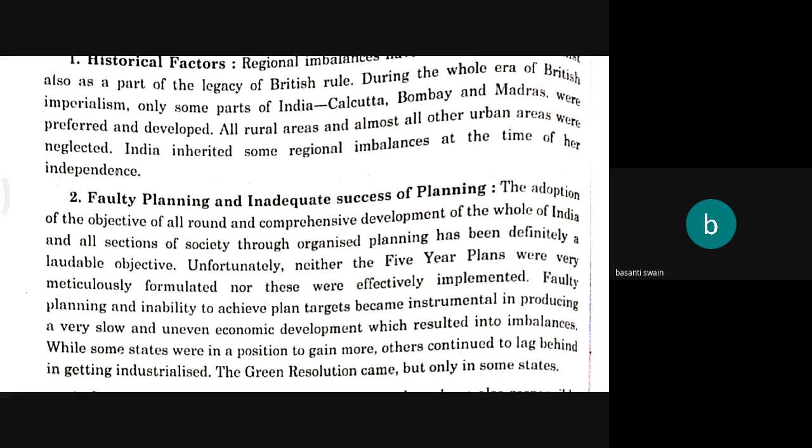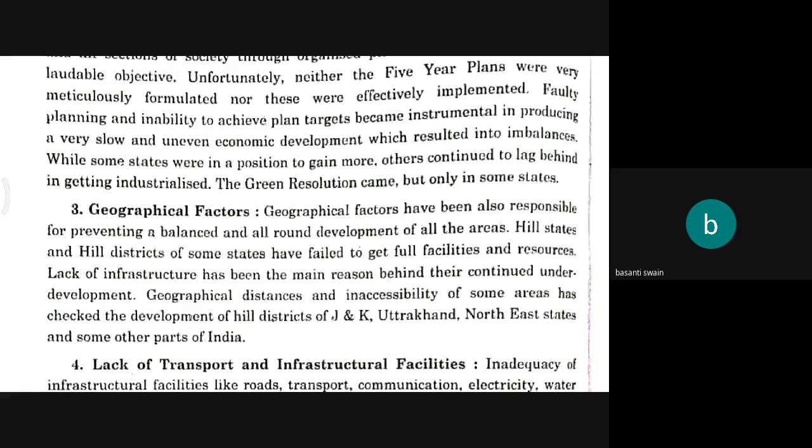The green revolution came, but only in some states. Anyway, number 3, the geographical factors. Geographical factors are also responsible for the creation of balance and imbalance.